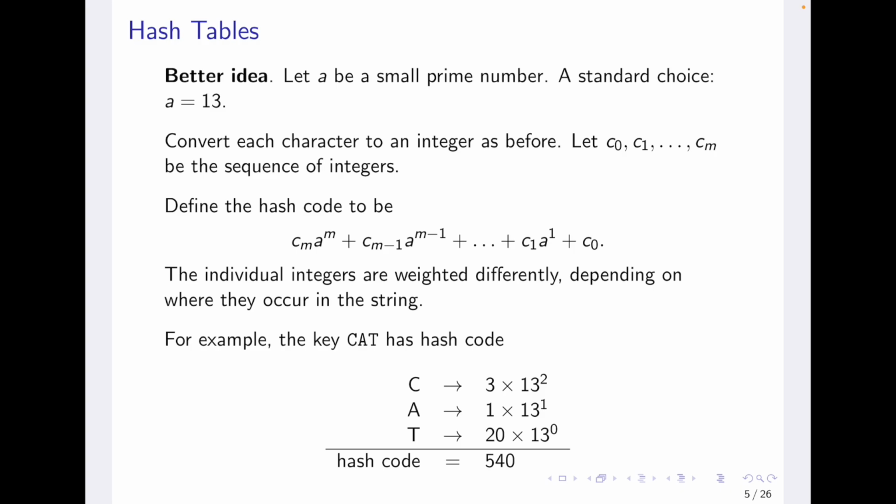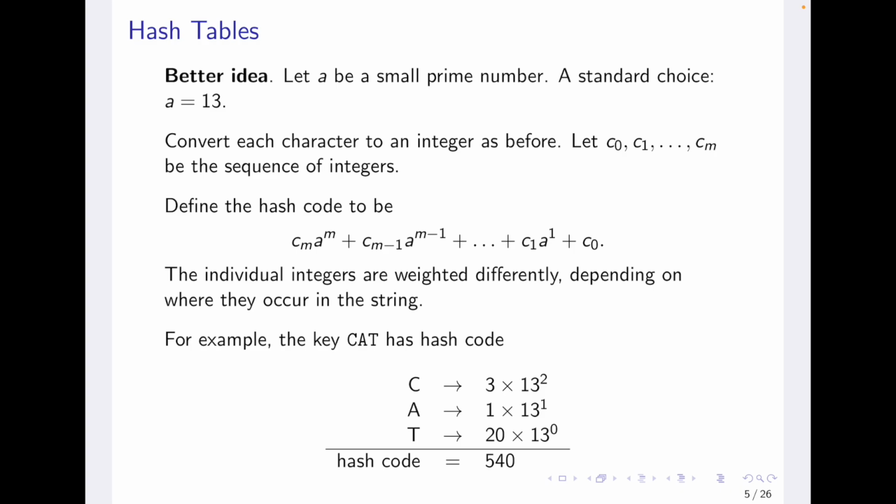So the key cat, it makes it so C has more of an effect on the hash code than T, and thus the ordering makes it so words like cat and act don't get the same hash code. The order of the letters within the string, I mean.